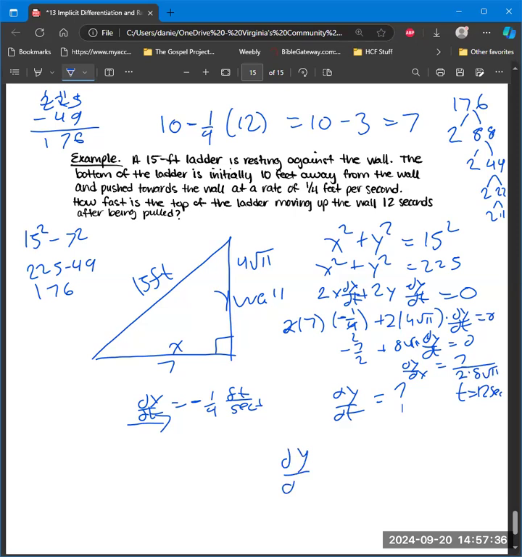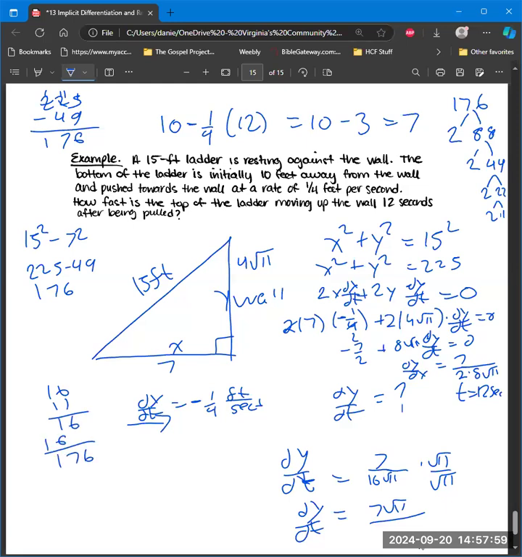So dy/dt is going to be exactly 7/(16 root 11). I don't like leaving that root in the denominator, so I'm going to rationalize. dy/dt is 7 root 11 over 16 times 11, which is 176.